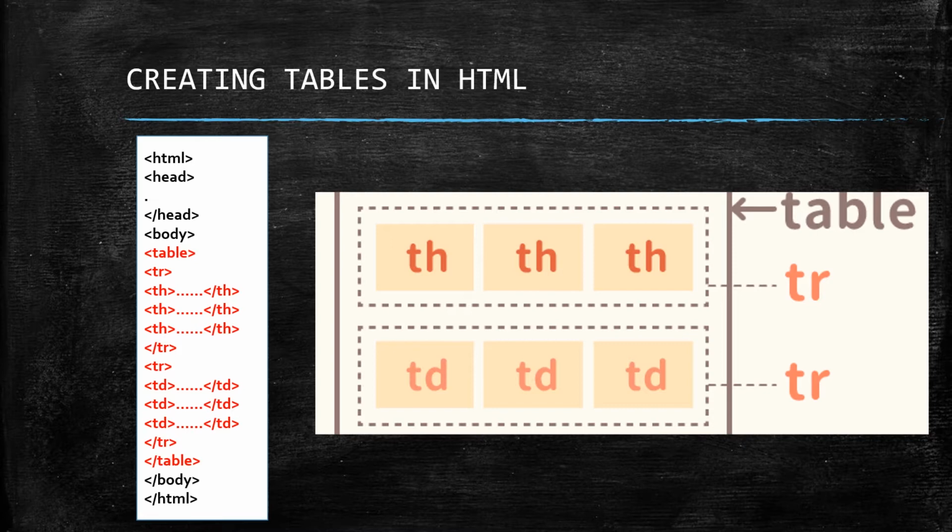Here in the picture you can see that we have defined a table using the table tag, and we have two rows using the tr tag.